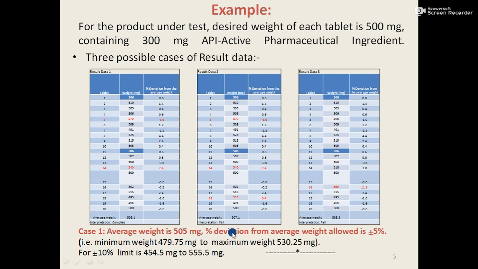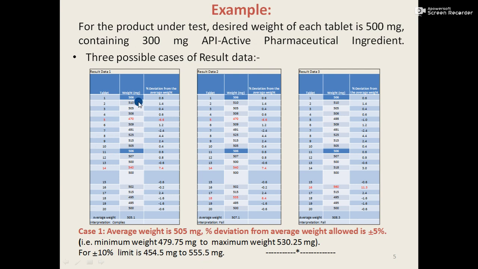Therefore the percentage deviation from average weight allowed is plus or minus 5%. So the minimum limit would be 479.75 mg and the maximum weight 530.25 mg. And for the 10% limit, it would be from 454.5 mg to 555.5 mg.